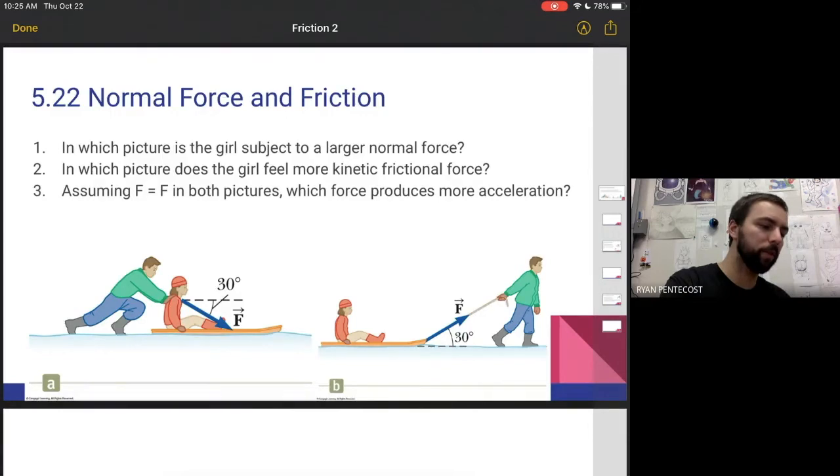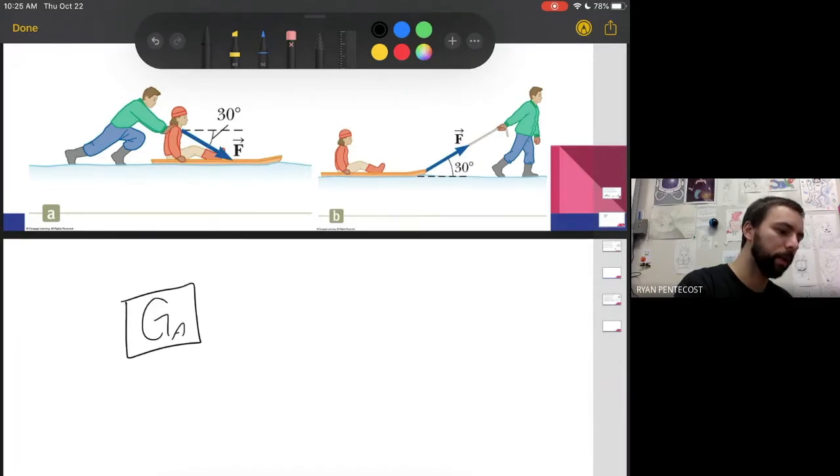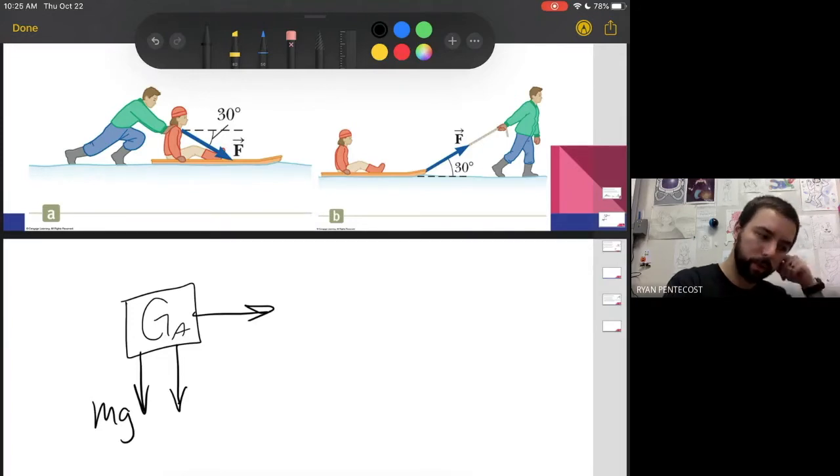Well, let's draw a free body diagram real quick of the girl. Okay, got girl in scenario A, and she has her own mg. Then we have these two components, right? We've got this push force that is pushing 30 degrees below the horizontal. Well, cosine of that 30 degrees would be this adjacent section here.